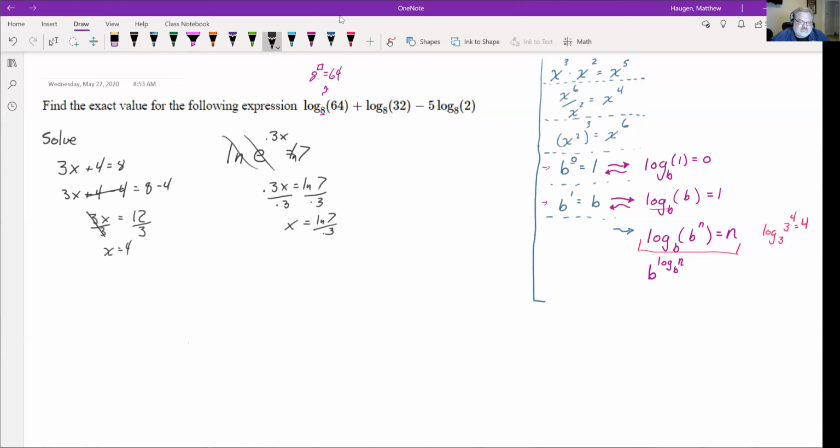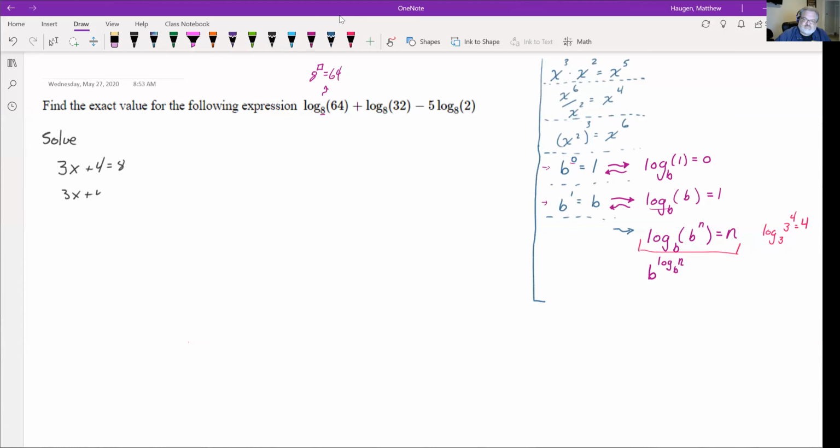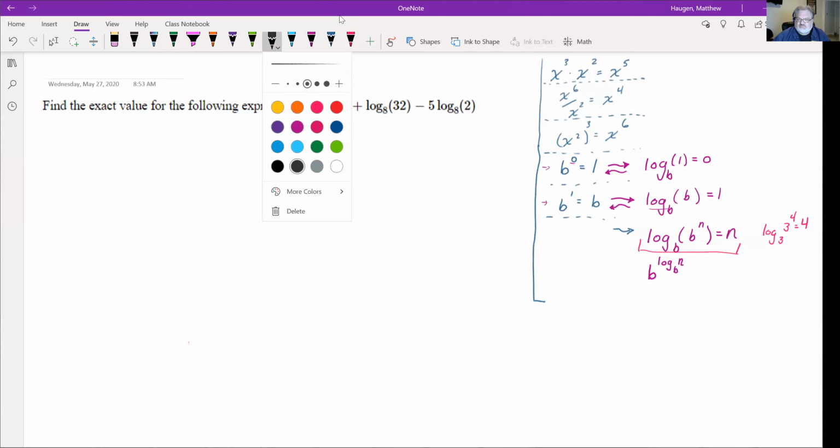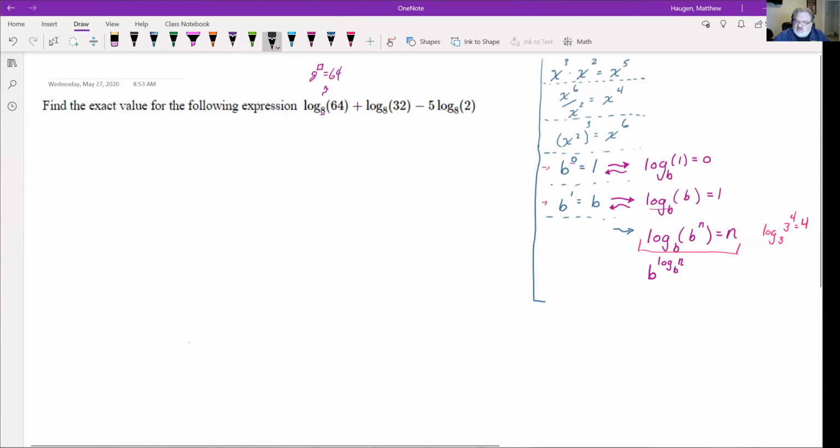Does that make sense? It just takes a while to see it. Now, notice I didn't write the exponential version of those. And I'll show you why.